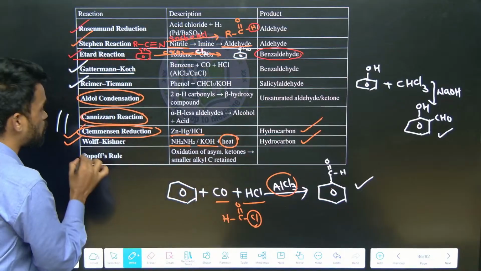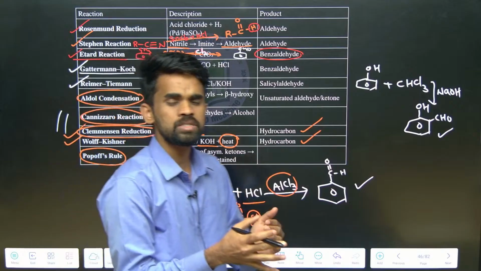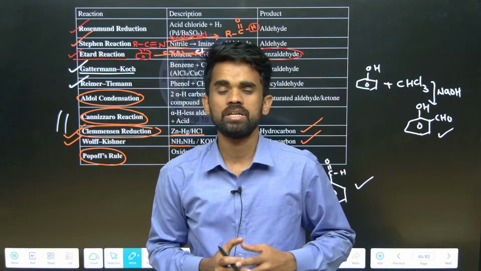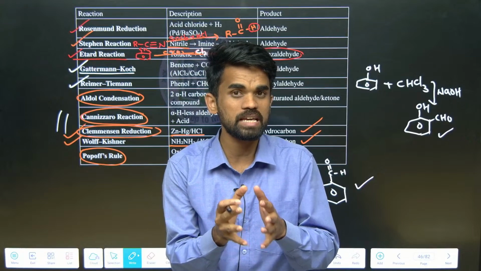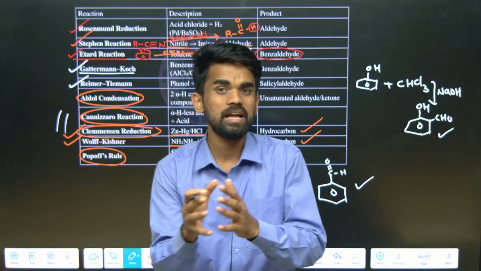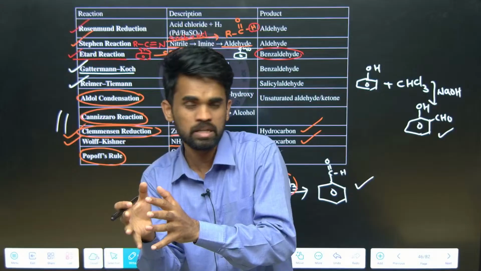The next one is Popoff's rule. What is this Popoff's rule? Ketones are resistant towards oxidation, but if we use strong oxidizing agents like KMnO4 in basic medium or concentrated nitric acid, HNO3, the oxidation of ketones takes place.